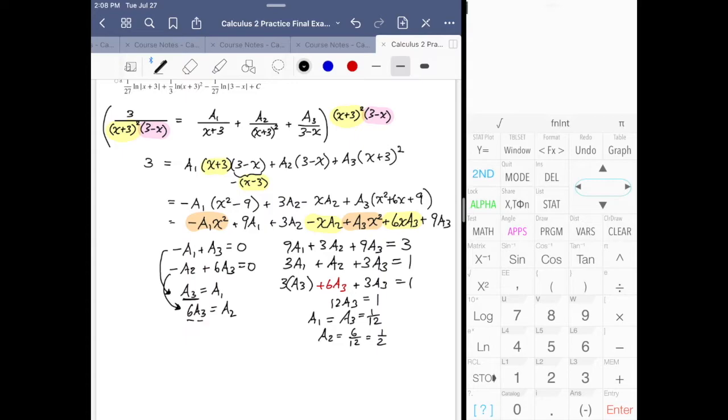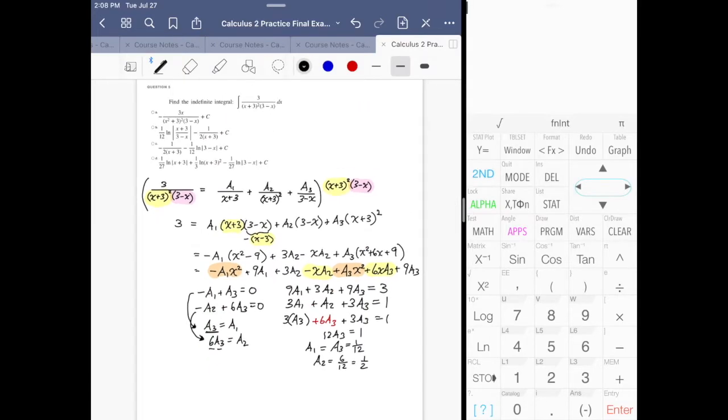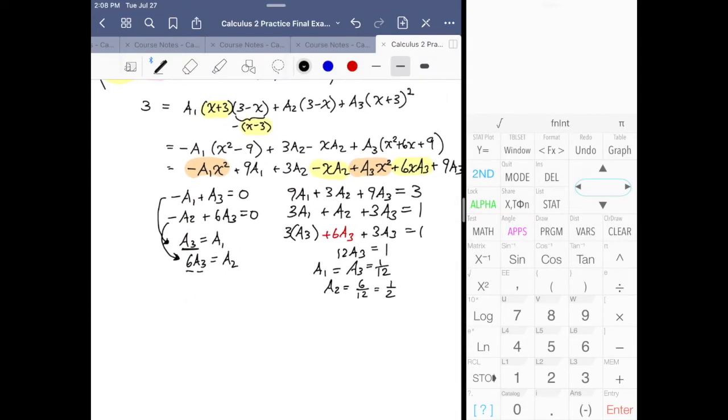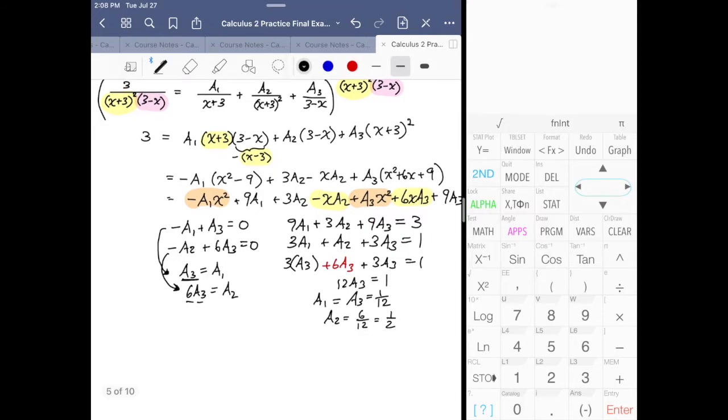So all of that to get us to something that's more integrable: 1/12 over x plus 3, plus 1/2 over x plus 3 squared, plus 1/12 over 3 minus x dx.